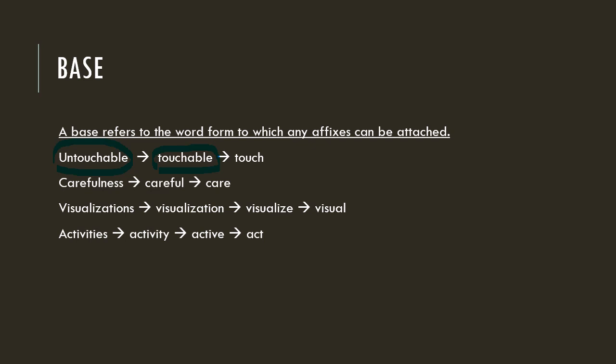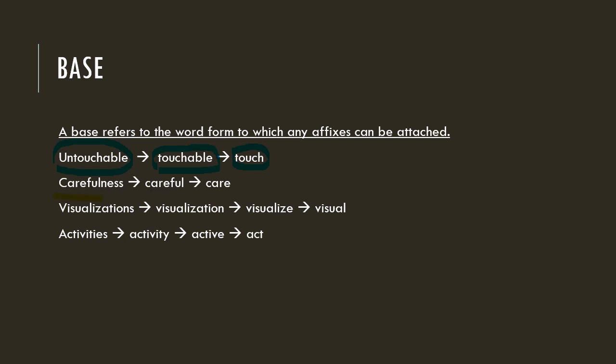The base is touch. So when we are talking about a base, you need to remove the affixes one by one, based on the sequence of which one comes first and which one comes later in forming the word.